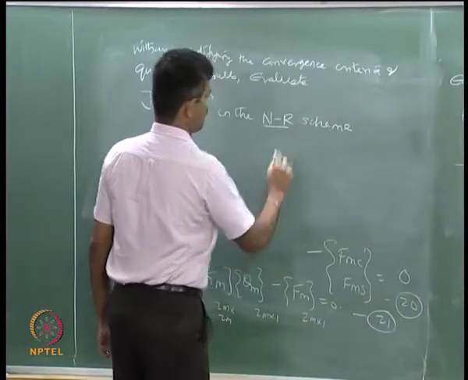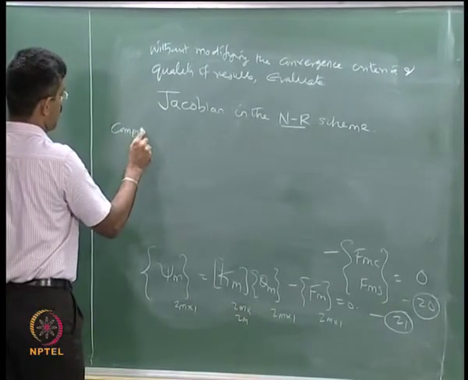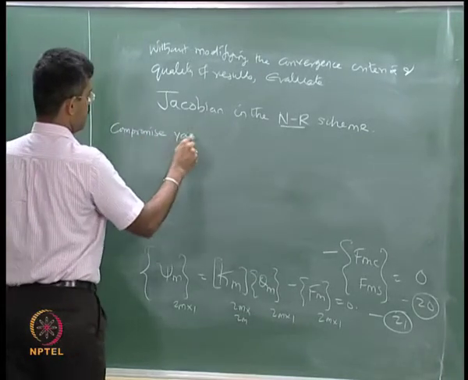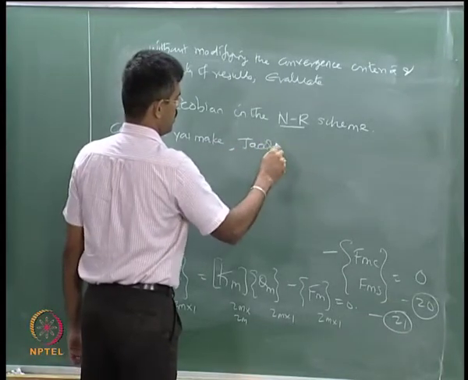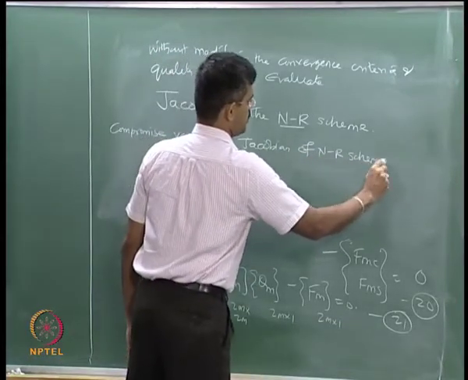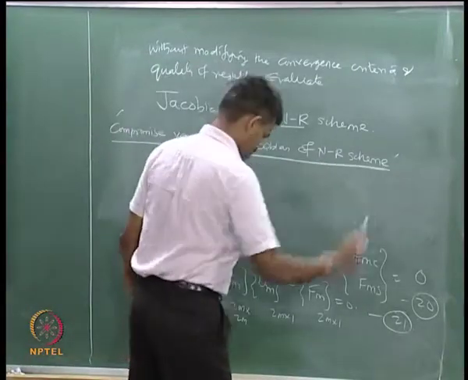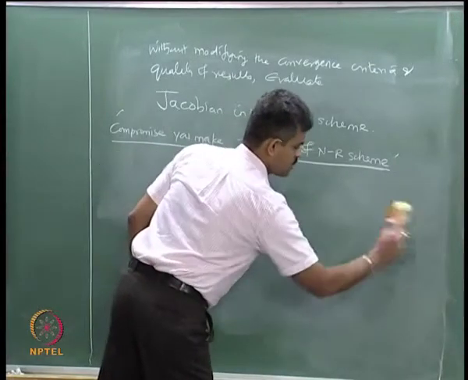NR stands for Newton-Raphson scheme. So, now the question is, what is the compromise you make when you evaluate the Jacobian of the NR scheme? Because we must know the limitation of this problem, we make certain compromise on this. Let us clearly state what is the compromise we have to make when we follow a simplified solution of this nature here.